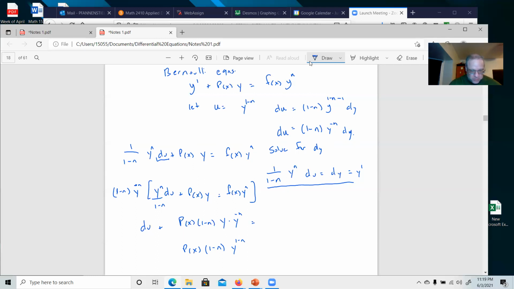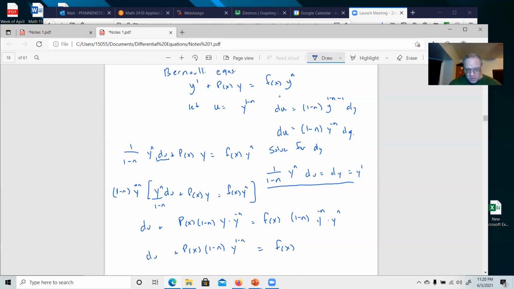And then this is equal to, what are we doing here? This is a negative, so we have f of x, and we have a 1 minus n here. We have a y to the negative n and a y to the positive n. That's going to be y to the 0, so that's going to go away. So we're just going to have this is equal to f of x, plus du.